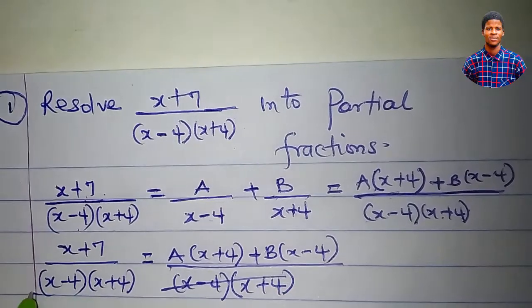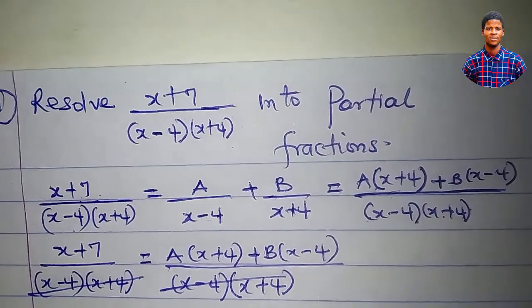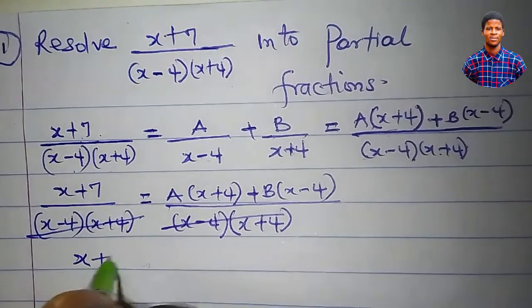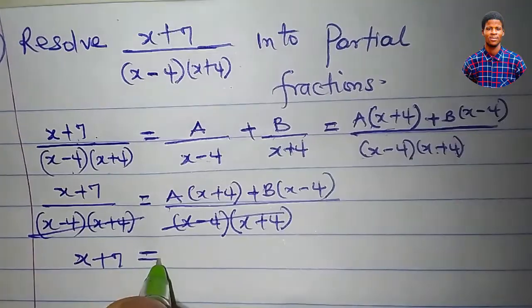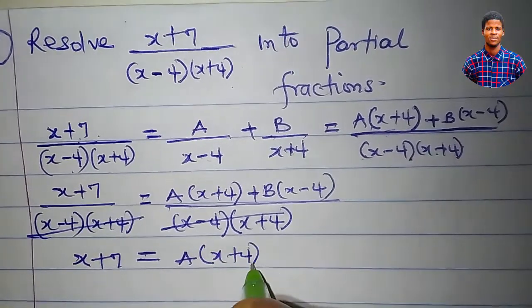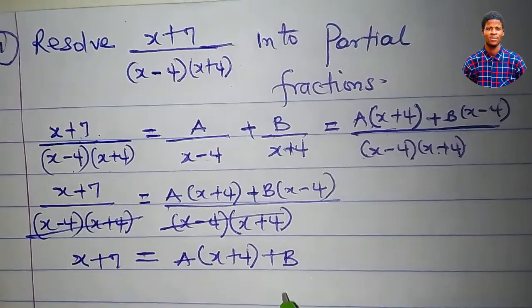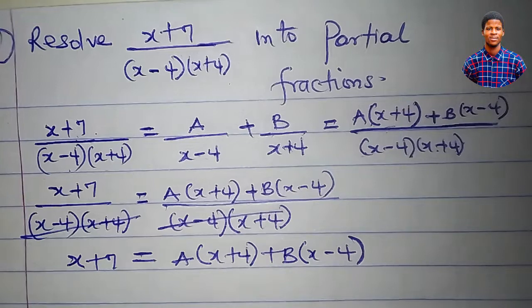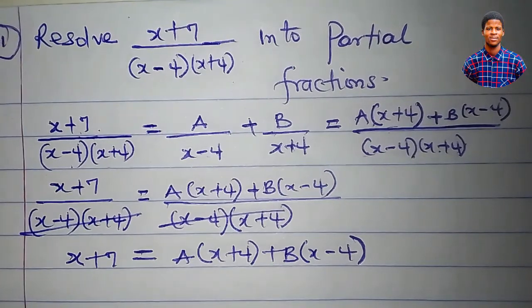The denominators cancel out since they are the same. So what do we have now? We have x + 7 is equal to A(x + 4) + B(x - 4). How do we now determine the values of A and B? A and B are constants.